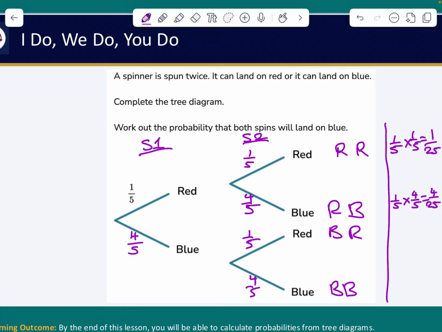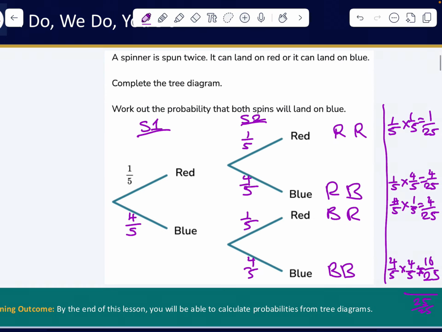A blue and then a red is 4/5 times 1/5, which is 4 over 25. And your last one is 4 over 5 times 4 over 5, which is 16 over 25. We know that probability should add up to 1. So when you add all of them together, 1, 4, 4, and 16, it should equal 25 over 25.